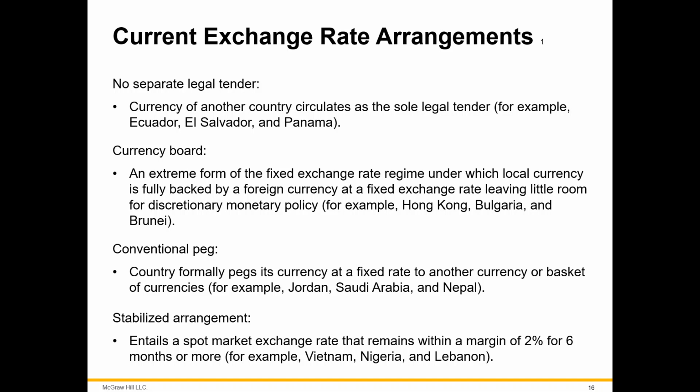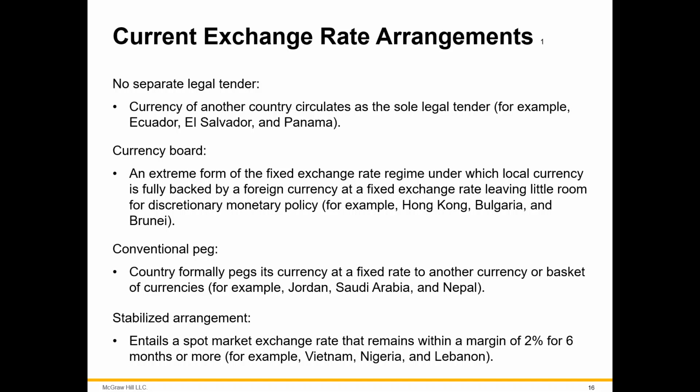So you say, okay, we want to keep it within 2% for 6 months. But then obviously when you hit up against the 2%, it becomes more peg-like, but then it could wander away again. So the currency is allowed to freely wiggle, but within a trading range, and that allows some information about the relative value of the currency to be expressed through prices, but it minimizes the risk, right?